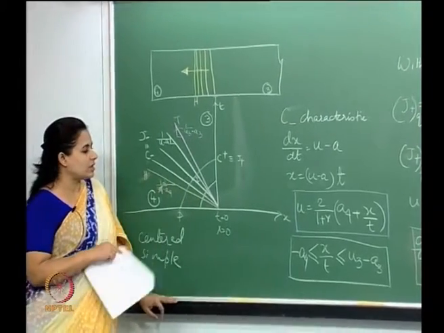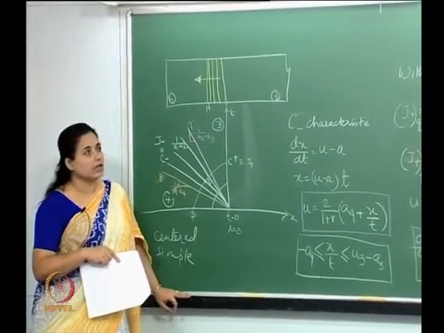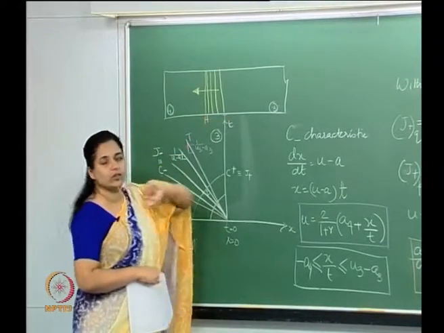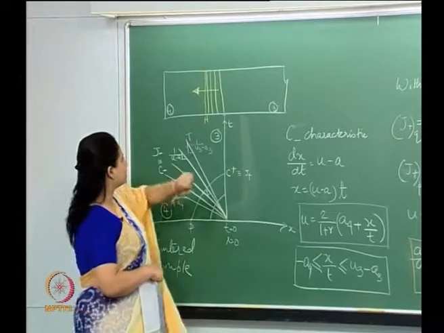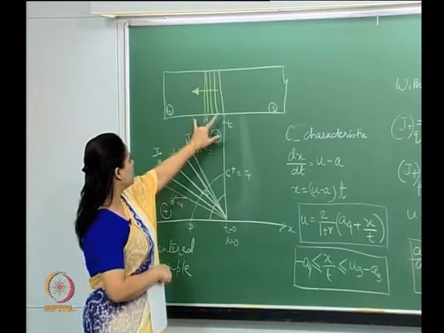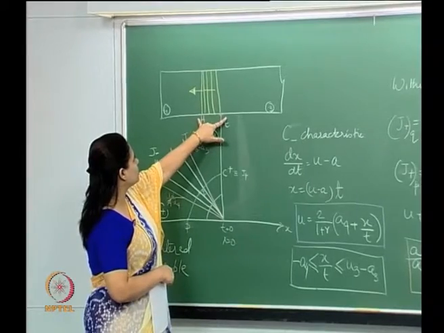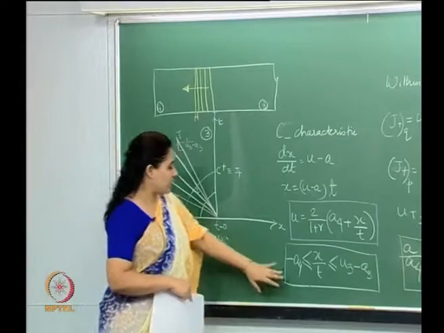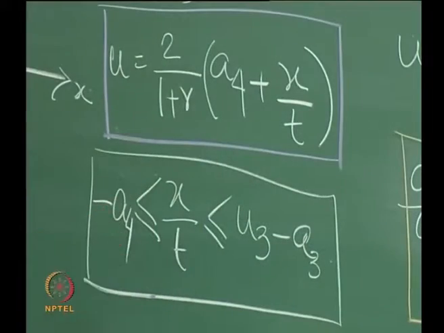What this is essentially giving us an idea of is the range of the expansion fan, in the sense that within a given time, what would be the distance to which this disturbance will travel. So this is what we get from here.